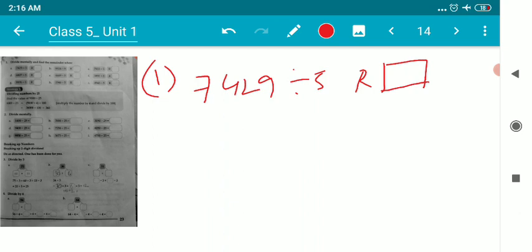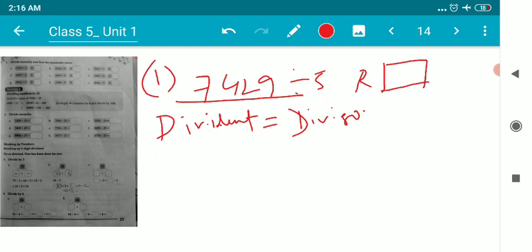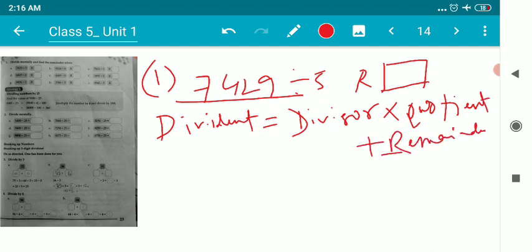Children, we know the rule which I have already explained in the previous video: dividend is equal to divisor into quotient plus remainder.